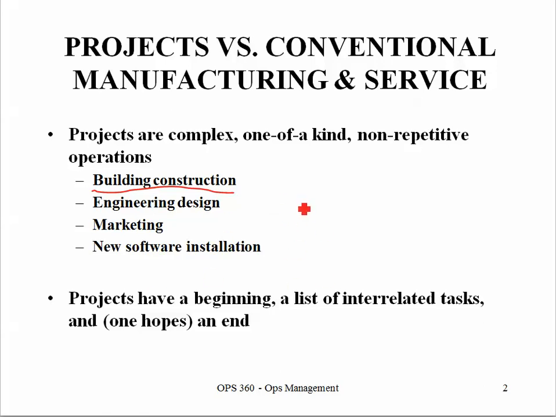So again, just examples of projects here: building construction, obviously, engineering design of some complex assembly, say like the space shuttle. You're not going to be knocking off lots of space shuttles, or they didn't, rather, in the past. They had a few of them, but the first time they put them together, it was a unique, one-of-a-kind event. A big marketing campaign, new software installation, all these would be examples of projects which are going to be fairly complex and non-repetitive operations.